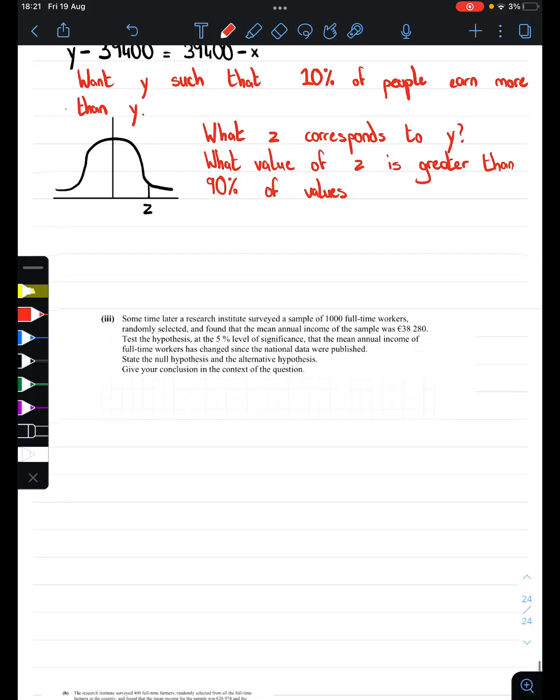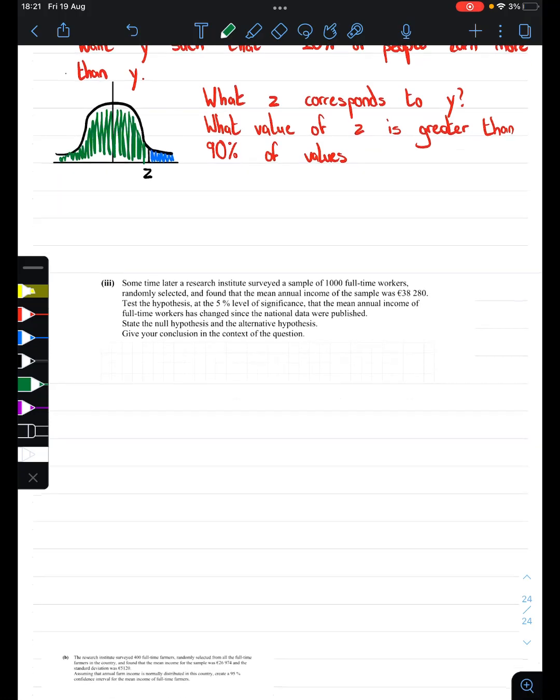And so what I mean by that is, what's the value of z? So if this is the top 10%, well then the rest should be the bottom 90%. So for what value of z is 90% less than?